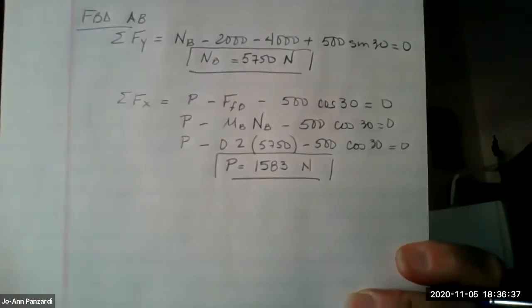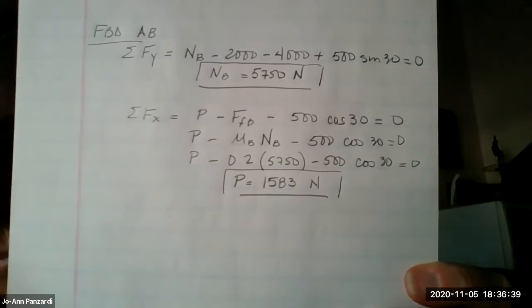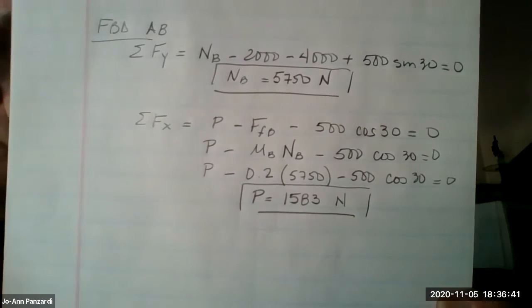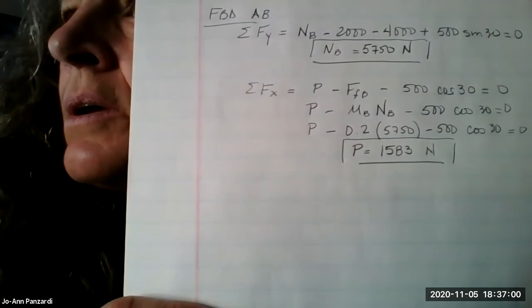Oh, I might have messed something up. That seems like the wrong coefficient. Wouldn't you want to use 0.3? Did I use the wrong one? Because we're doing the whole diagram, so AB is in between them. My bad, I messed it up. Right. Okay, great. So 1583.